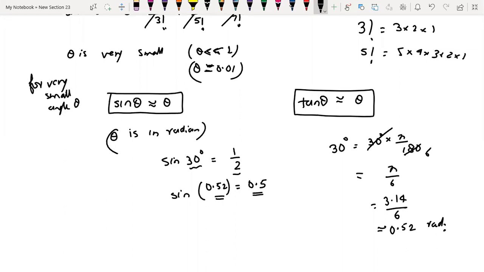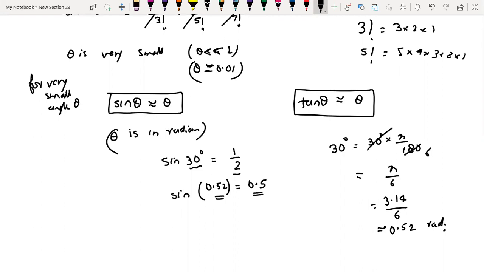So this approximation we can apply only when theta is expressed or measured in radians. Correct? Understood? Yes, sir. Tan theta is also equal to theta. How it happens, I have explained to you in two ways.